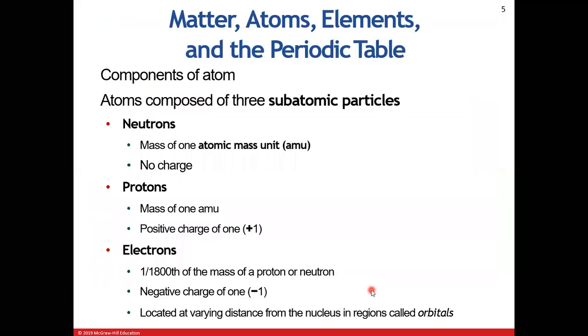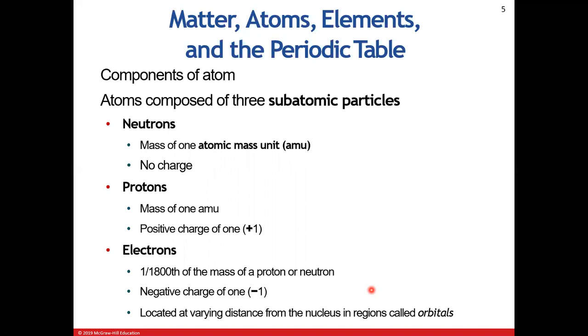When we look at the components of an atom, and the smaller parts that don't make up the properties of an element, we look at the subatomic particles, of which there are three: neutrons, protons, and electrons. Neutrons have no charge, so they are neutral. They have a mass of one atomic mass unit, 1 AMU.